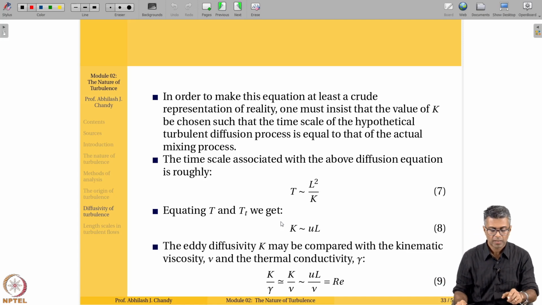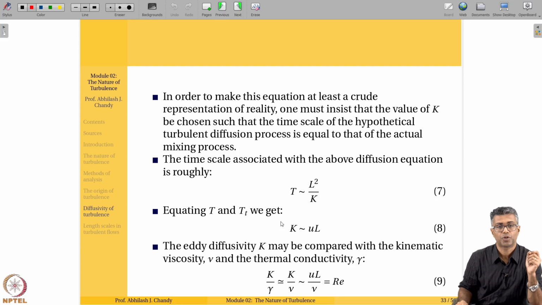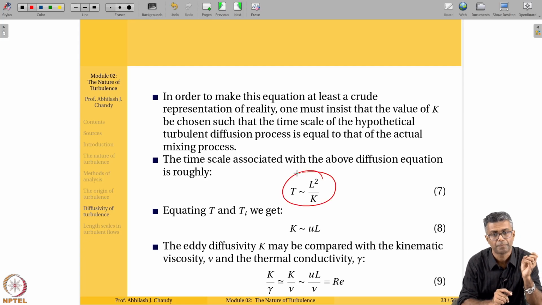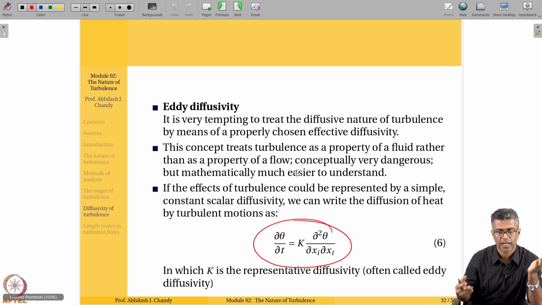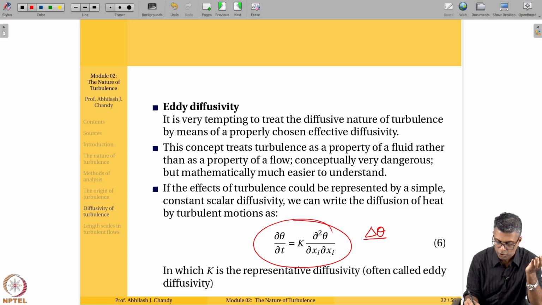So let's say the time scale associated with the above diffusion equation, T is approximately equal to L²/K. And this is how I could do it when I want to estimate the time scale, right? So this would be Δθ/T is approximately equal to, order of magnitude analysis, K times Δθ/L².